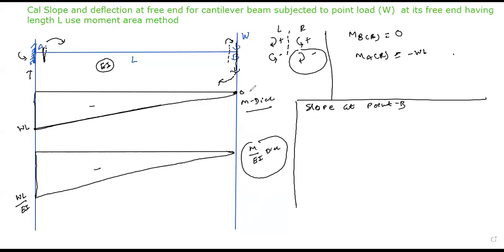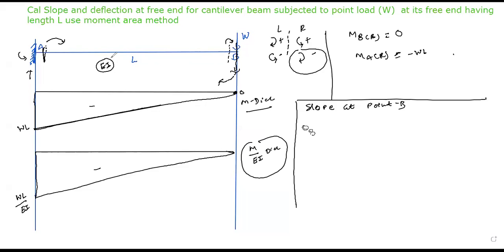We need to take a difference of the slope between 2 points, and the first point is the point where we need to calculate slope. That is nothing but your theta B. Everybody with me? And the second point is nothing but the point where you already know the value of slope. Now in this case, at which point do we already know the value of the slope?